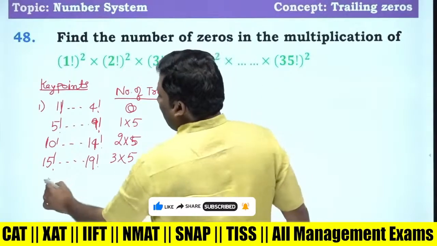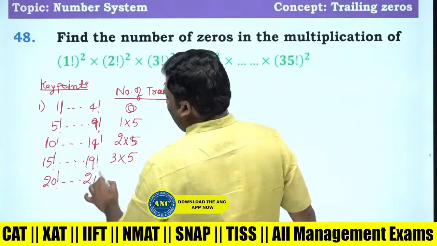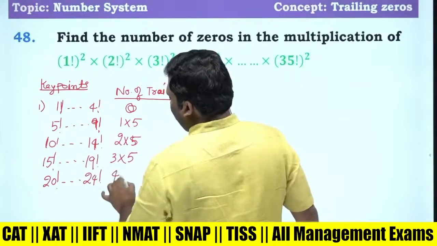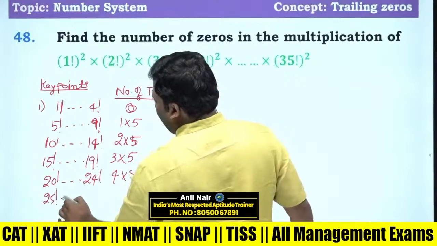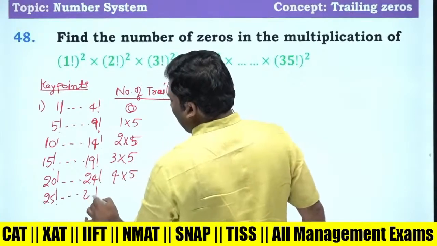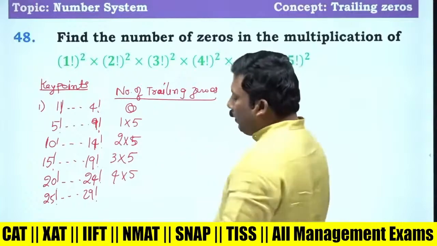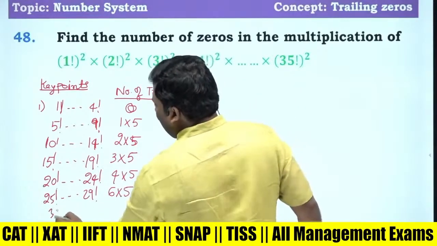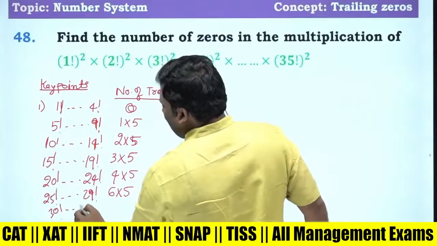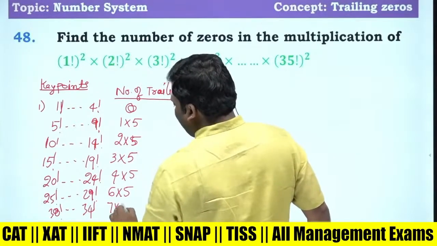20 factorial till 24 factorial, it is 4 into 5. 25 factorial till 29 factorial: 25 is 5 square, so there is a jump of 2. It is 6 into 5. 30 factorial till 34 factorial, it is 7 into 5.